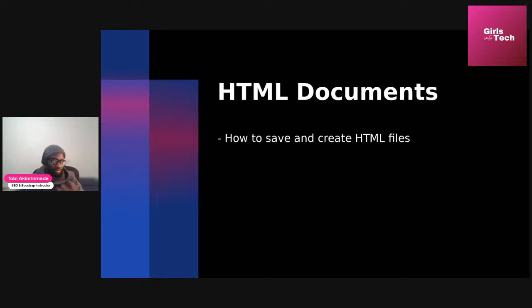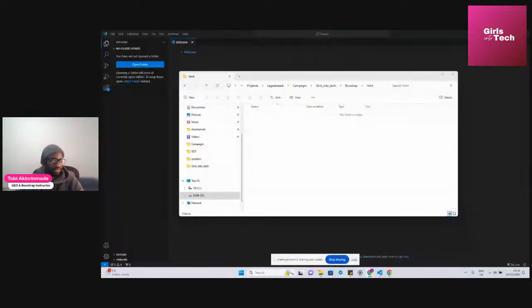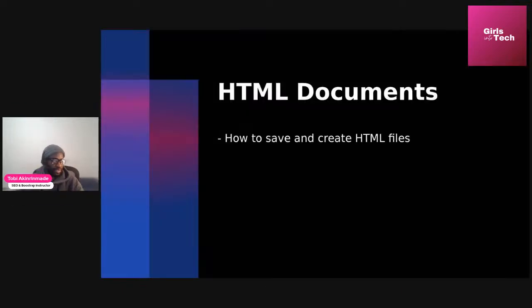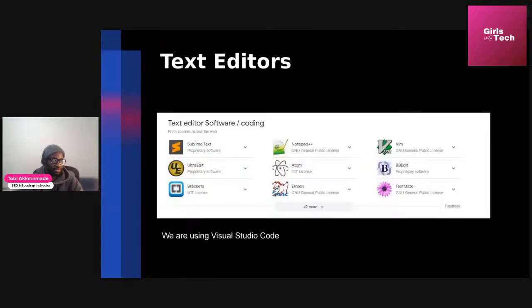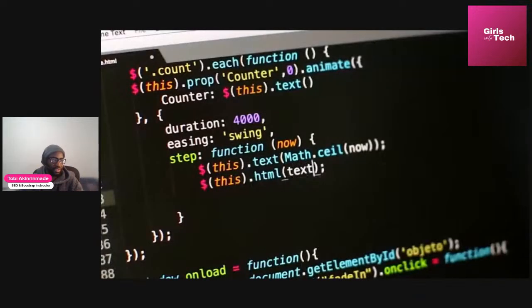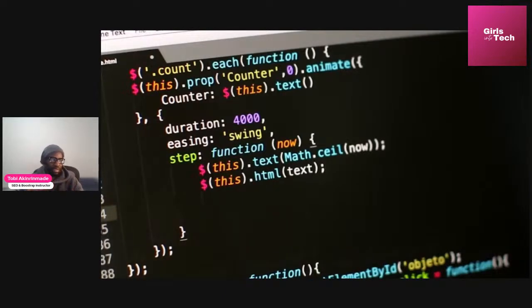I was talking about text editors, and I showed several examples of text editors, like Sublime Text, and then I said for this course we're going to be using Visual Studio Code. So you might have seen videos online where you see maybe hackers hacking and coding or writing code and everything.